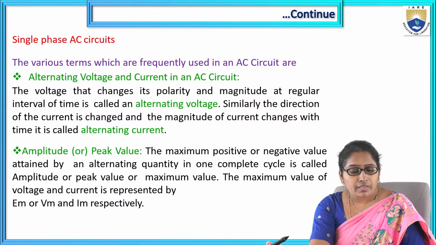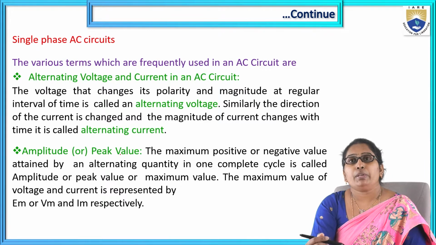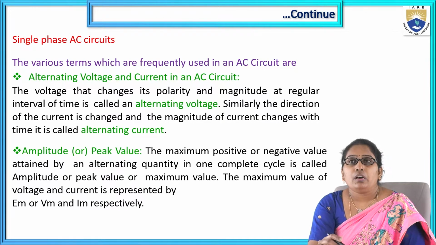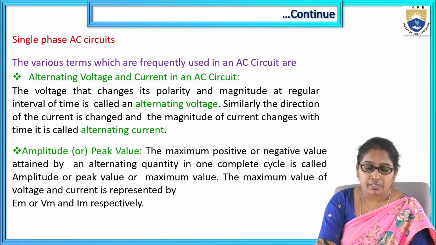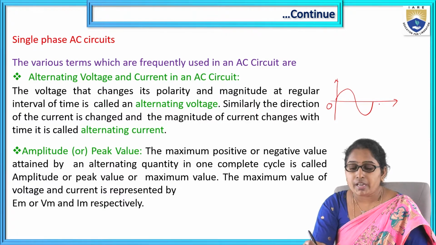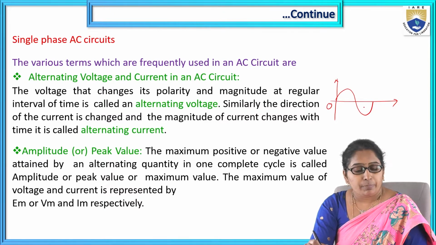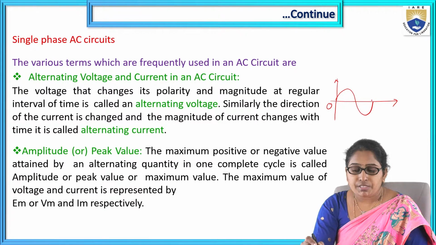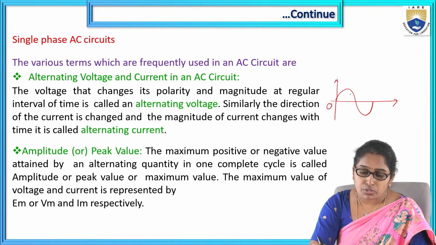Then the second definition: what is meant by amplitude or peak value? The maximum positive or negative value attained by the alternating quantity. If we take a sinusoidal signal, this is the positive area of the signal and this is the negative area.